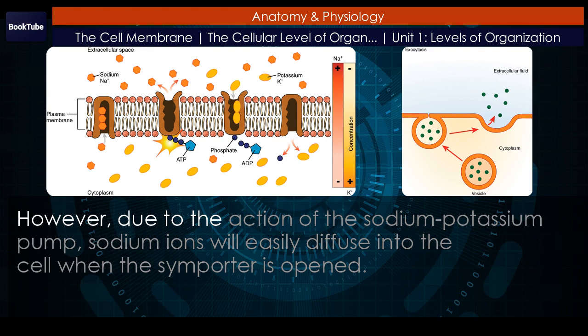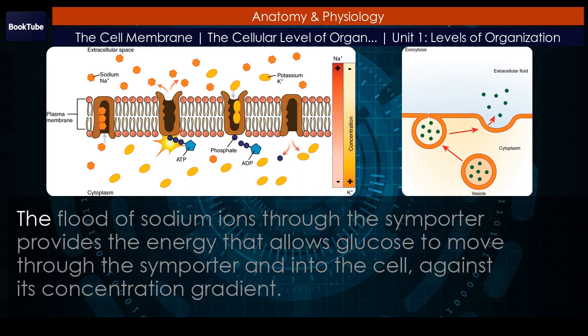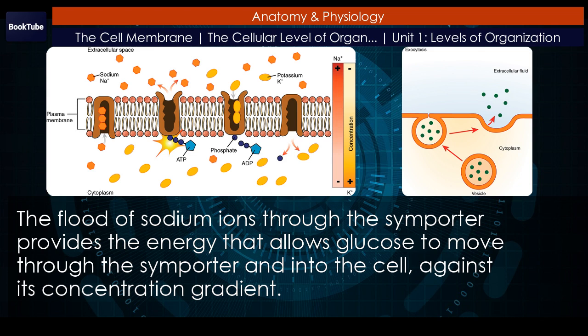However, due to the action of the sodium-potassium pump, sodium ions will easily diffuse into the cell when the symporter is opened. The flood of sodium ions through the symporter provides the energy that allows glucose to move through the symporter and into the cell, against its concentration gradient.